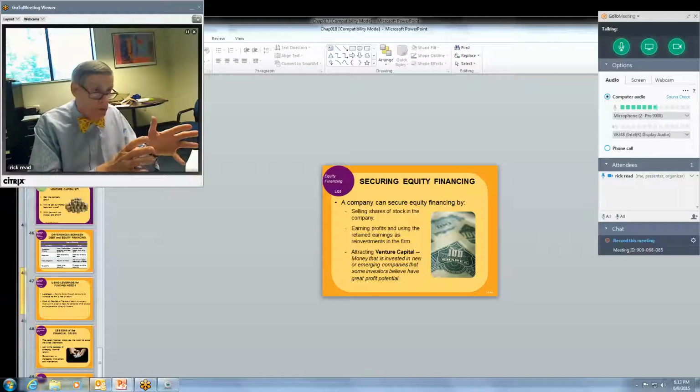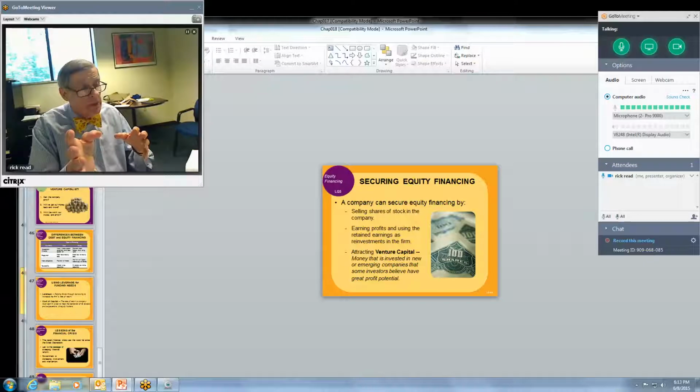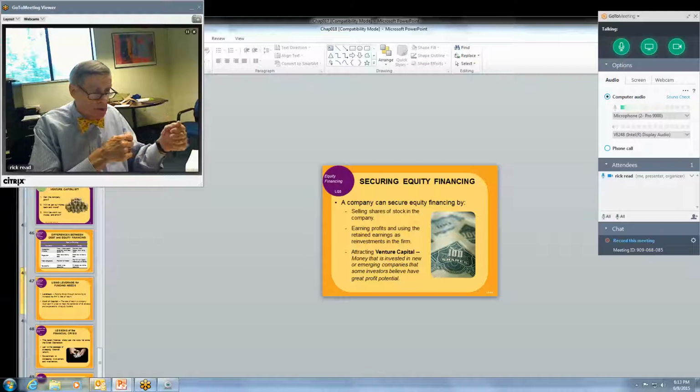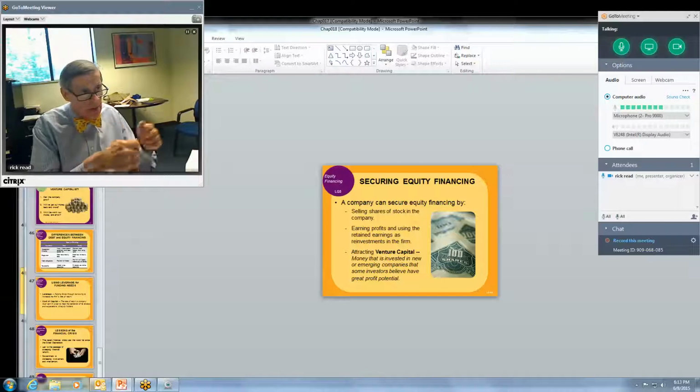Now, why do I say more than majority? We know the majority would be 50 plus 1. Well, why am I saying more than that? What happens is if you get enough people starting to foment, even though you own that 50%, people start raising the devil and saying you're not doing this right, you're not doing that right.